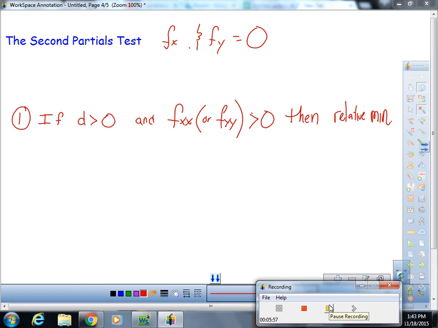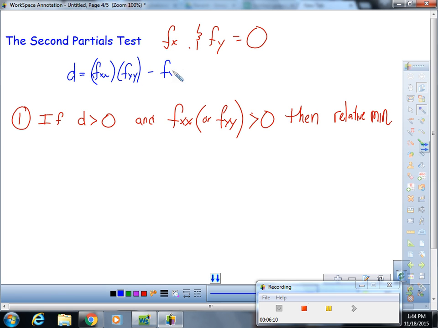Let me explain something here. Do you see this f sub xx or f sub yy? I hope that confuses you. Here's why. Think about what D equals. D equals f sub xx times f sub yy minus f sub xy squared. Now, can this term ever be negative? It cannot be. So how is the D going to be negative?